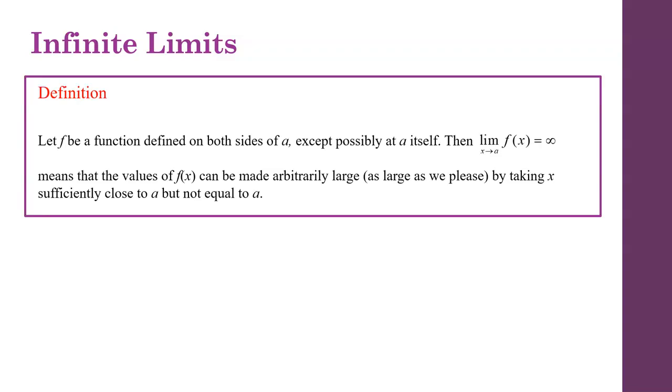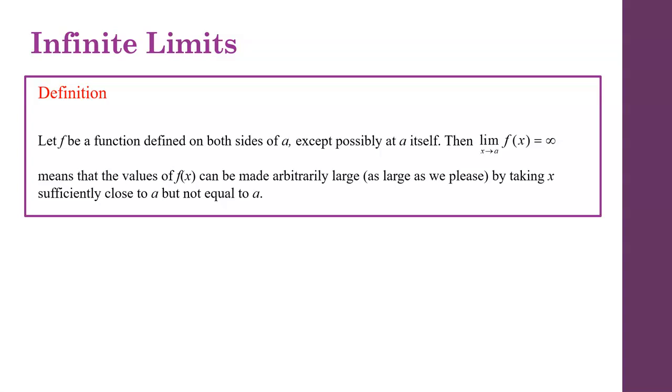By definition, if a function's defined on both sides of a, except possibly at a itself, and again, remember we're looking at numbers close to a, not a itself, then we say limit as x goes to a of f of x is equal to infinity when the value of f of x can be made arbitrarily large as we want, by taking x's sufficiently close to a but not equal to a.